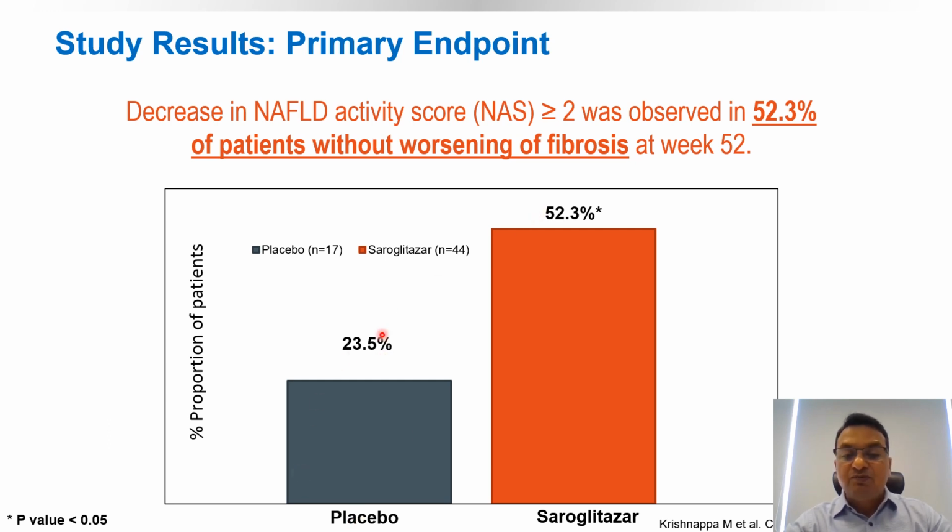And this difference between the two arms was found to be statistically significant. Based on this primary endpoint result, saroglitazar got DCGI approval for the treatment of non-cirrhotic NASH in India.